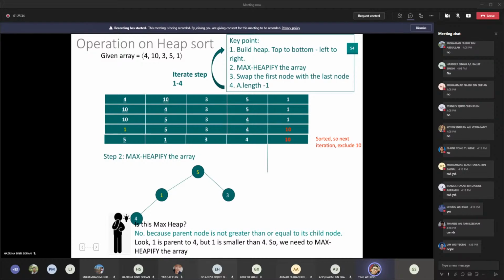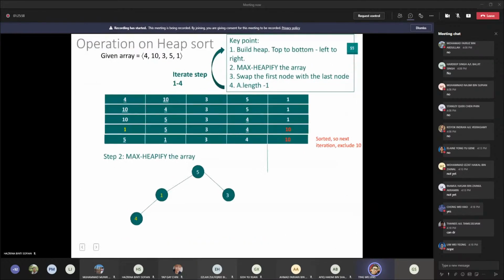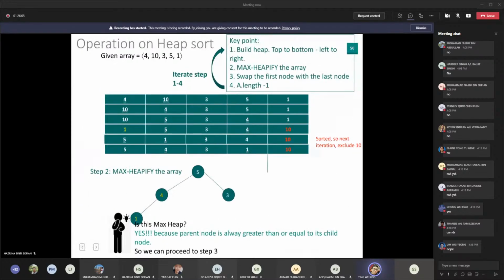We need to continue to heapify the sub-tree. Here, sub-tree means the heap tree of the exchanged left node. So we need to check again the 1 and 4, right? The leftmost heap tree. So we heapify again, which means we exchange the values of 1 and 4.